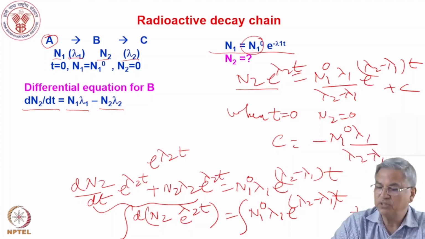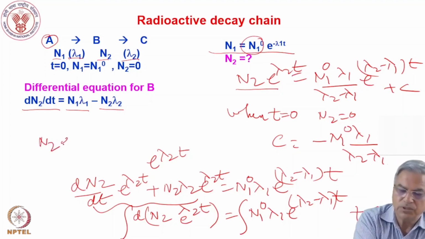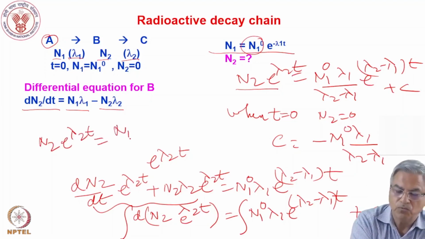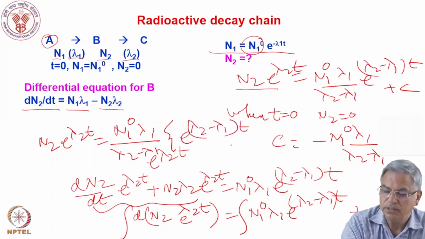So if you substitute in this equation, you get N2 e raised to lambda 2 t equal to N1 0 lambda 1 upon lambda 2 minus lambda 1 into e raised to lambda 2 minus lambda 1 t minus 1.